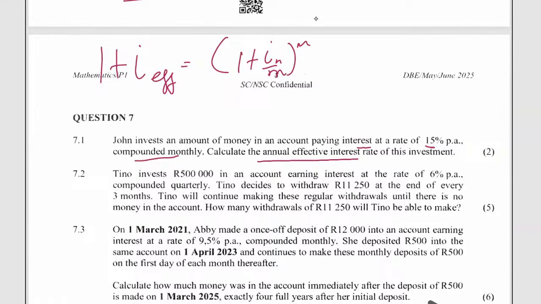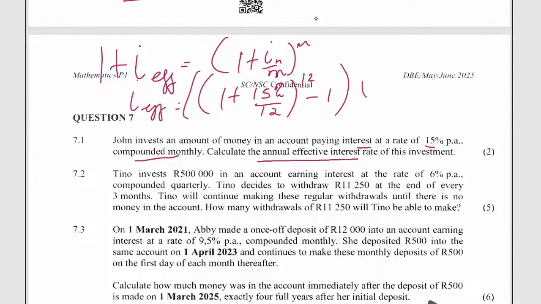Since they want the effective rate, we're going to have 1 plus the nominal rate, which is 15%, compounded monthly, to the exponent of 12, minus 1. The answer that I'll get here, I'll have to multiply by 100 straight away. So when I punch this into the calculator, I will get 16.08%.